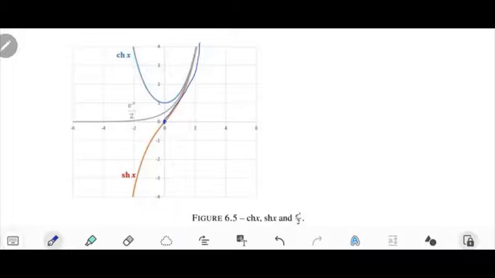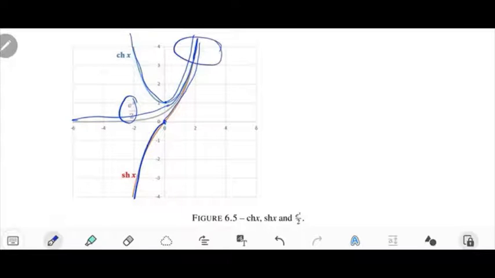It has a direction parallel to the y-axis, and it's symmetric with respect to the origin because it's odd, and then ch is increasing from 1 to plus infinity, and it's also symmetric with respect to the y-axis. And I drew in here an additional function which is e^x over 2, which goes from 0 in here and goes to plus infinity between the two other functions. So these three functions are asymptotic to each other at plus infinity.